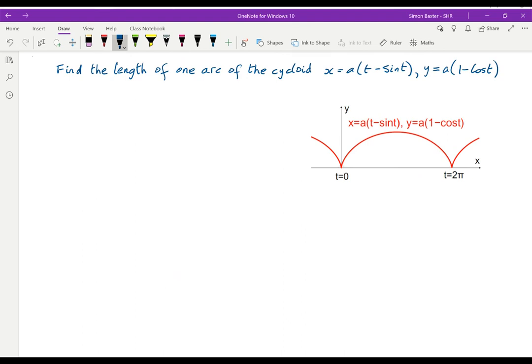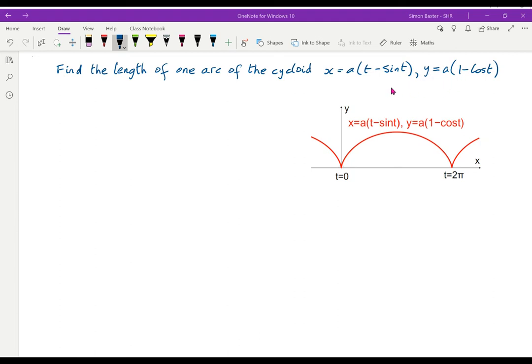Let's now look at another example. Here we've got the curve, it's a cycloid. It's what happens to the point on the edge of a circle as the circle rolls along. The equation is x equals a(t minus sine t), and y equals a(1 minus cos t).